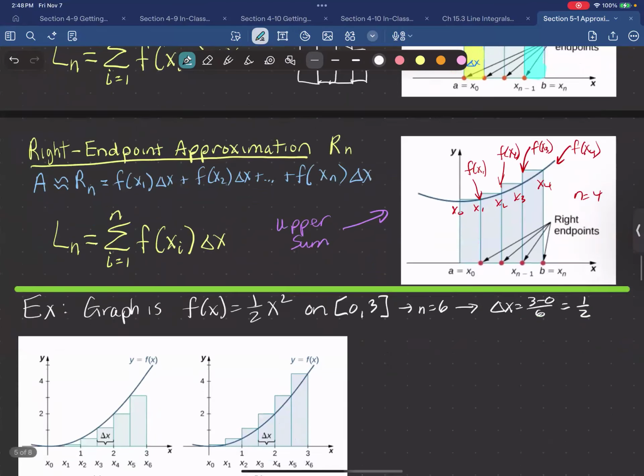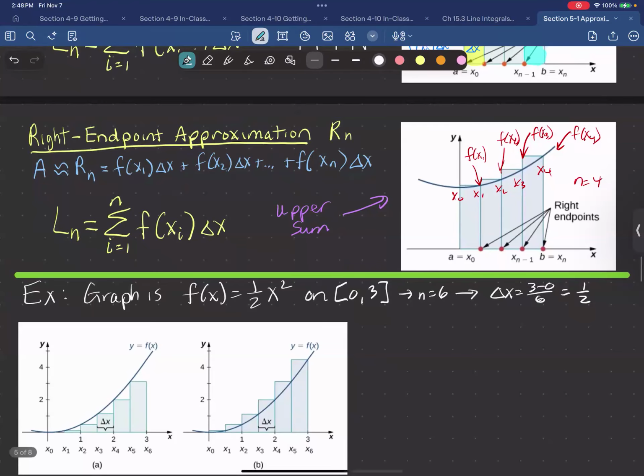Like in this graph below, this is f of x equals 1/2 x squared on 0 to 3. It is broken up into 1, 2, 3, 4, 5, 6 rectangles. That's where we got n equals 6.